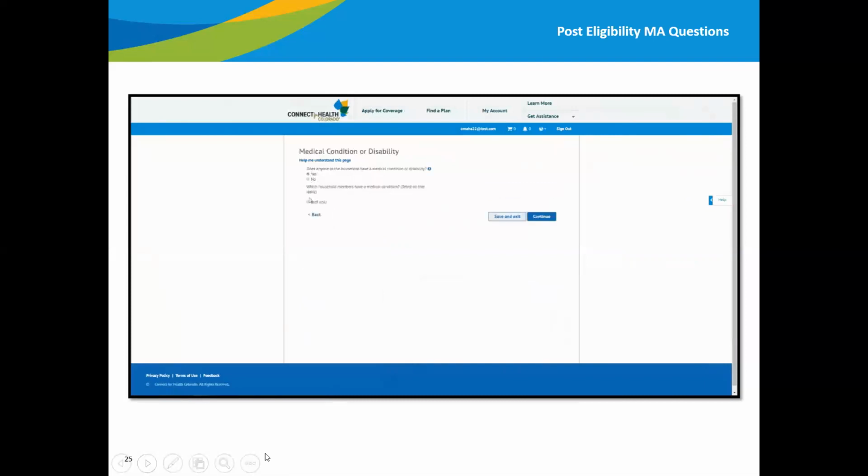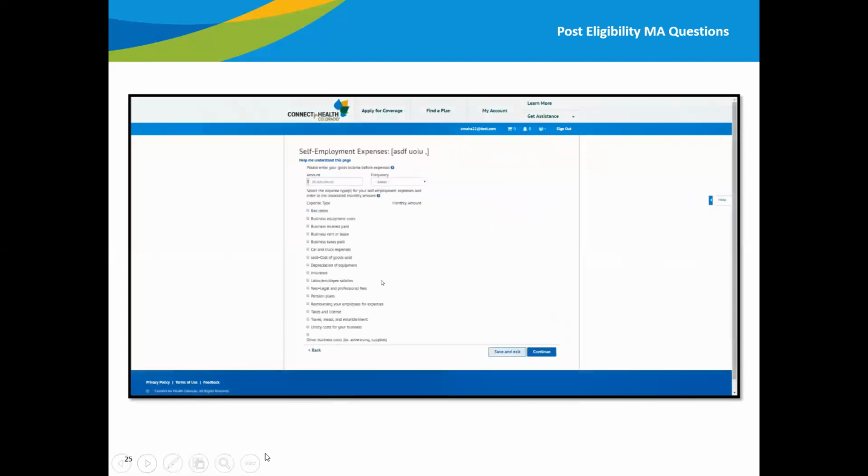Applicants will still be asked if they have any medical conditions or disabilities that might qualify them for a non-MAGI Medicaid program. So for individuals who might need an evaluation for nursing care Medicaid or in-home facility Medicaid, we would collect information for that, as well as information related to prior medical expenses if somebody is eligible for retroactive Medicaid.